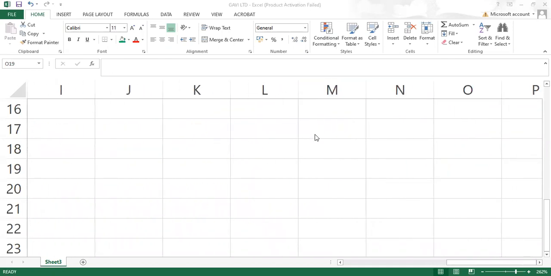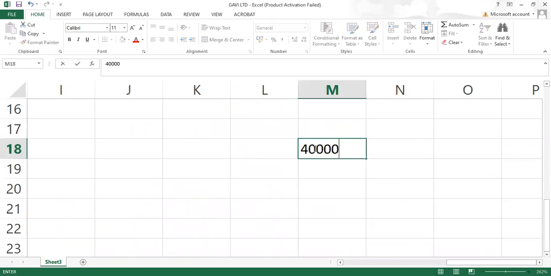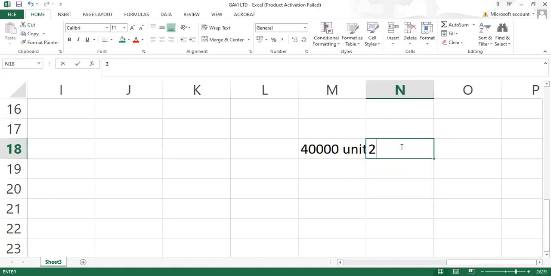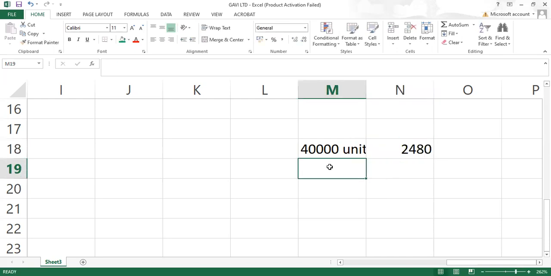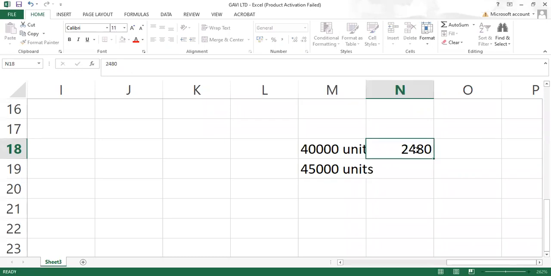Okay, the sales, the thing is we are saying that if we sell 40,000 units, we are going to get 2480, isn't it? You are saying that if you take 40,000 bags of cement to the market, you sell it for 2480. So if you end up taking 45,000 bags to the market, are you going to be getting the same value again?